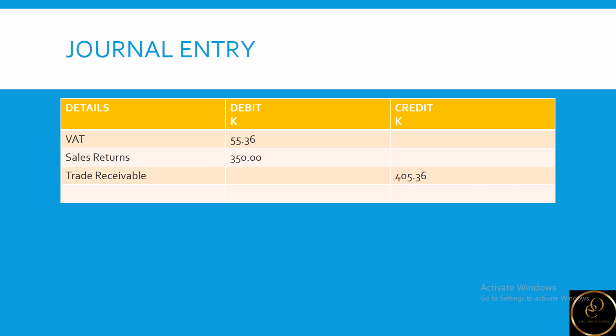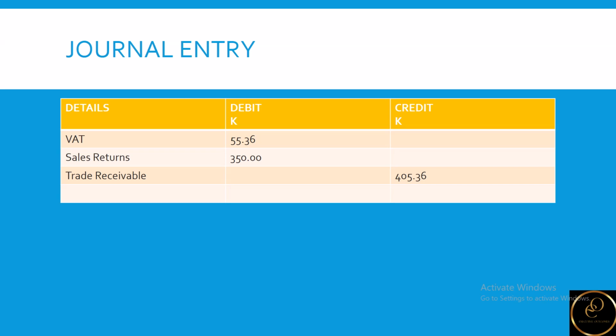So this will be a reversal in the account for the trade receivables. Trade receivable is an asset, as we are going to learn later in the double entry rules. All assets are debited, so if you are going to reduce the asset account, it needs to be credited. So here we have seen trade receivables credited with 405 kwacha 36 ngwee.